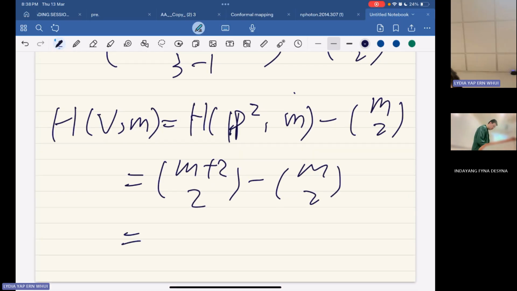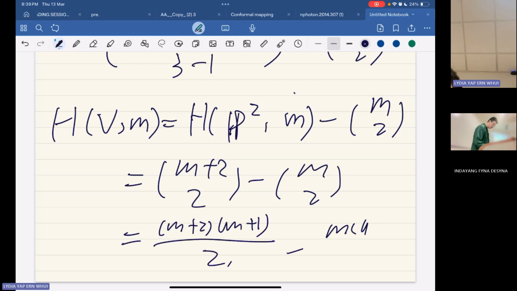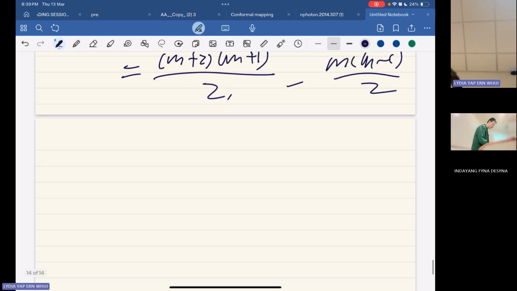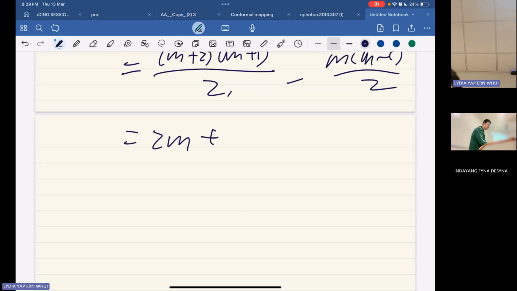And this equals (m plus 2)(m plus 1) over 2 minus m(m minus 1) over 2. If you compute this, you will find it equals 2m plus 1, which is right, because if you plug in the values from 0 to 3 that we just computed, it is just 1, 3, 5, 7, right?